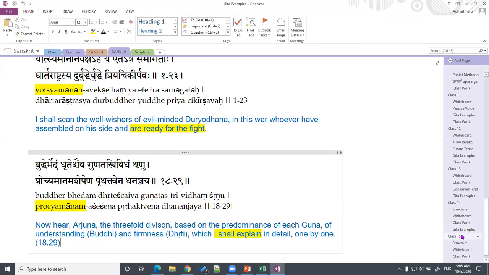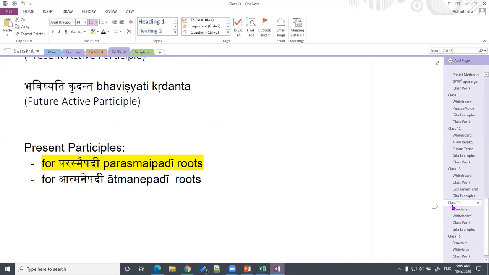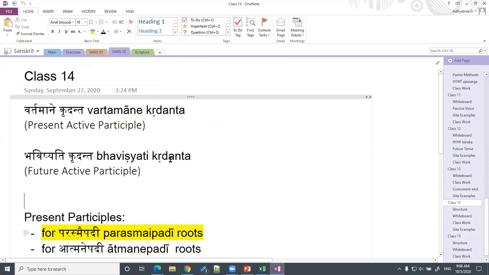We will start today with class number 15. In the last class, class number 14, we studied the Krut Pratyaya, or the present participle. We studied the present participle for Parasmaipadi roots.